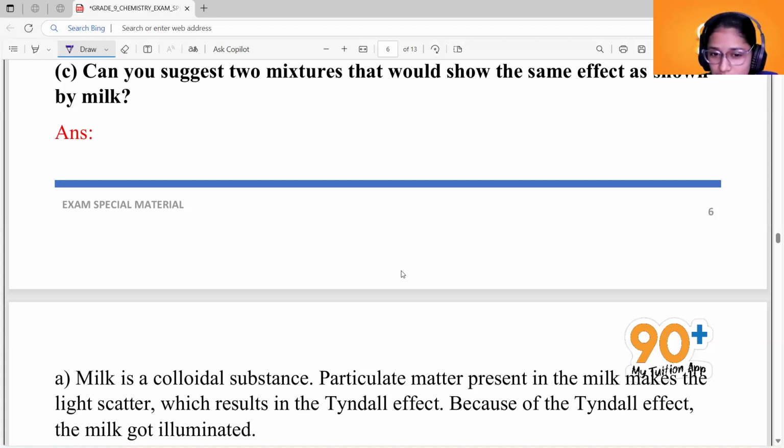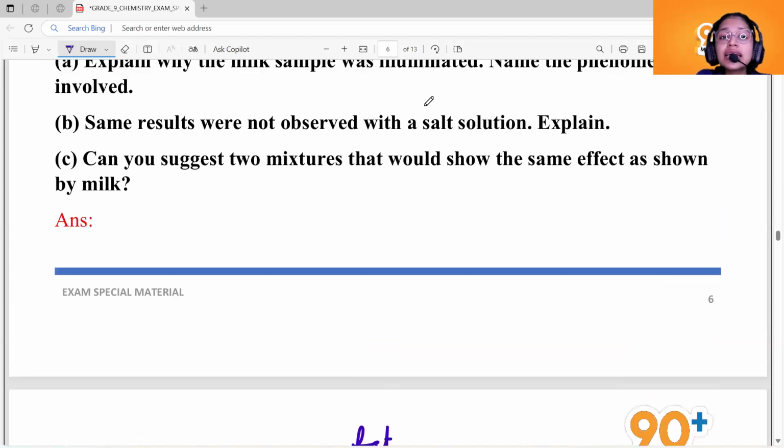So the fat molecules, basically the globules of fat present inside the milk, make the light scatter, and this results in the Tyndall effect. So the milk glows, or gets illuminated, because of scattering of light, and this phenomenon is called the Tyndall effect. What is the second question? The same results were not observed with a salt solution.